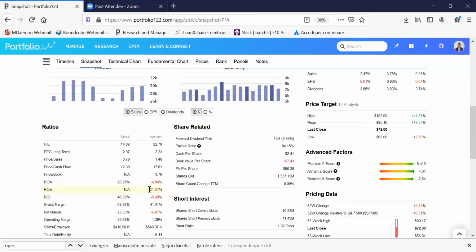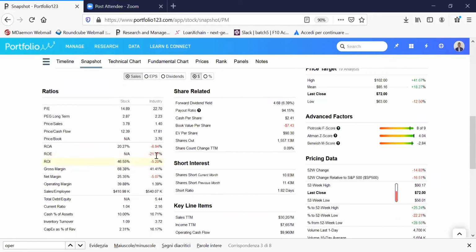But if you just look at the return on equity, you don't get the full picture, because first you have companies that have a negative value. So you're just looking at the equity of the company, and sometimes this is even negative, so you cannot even calculate it.